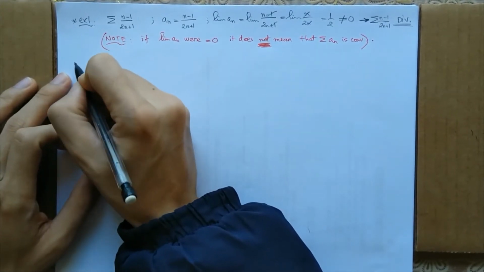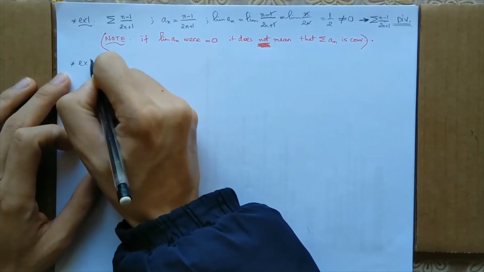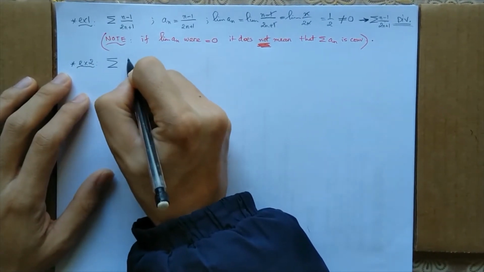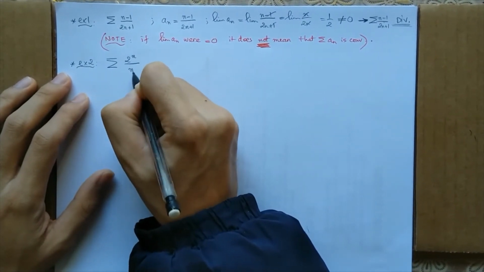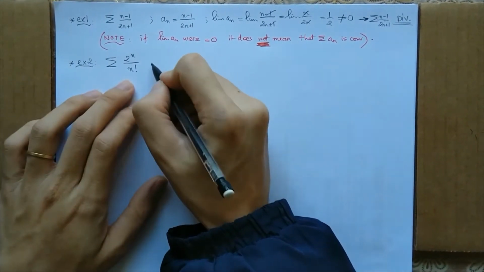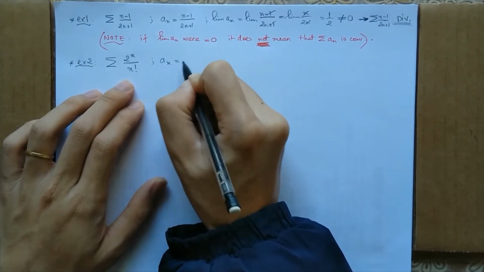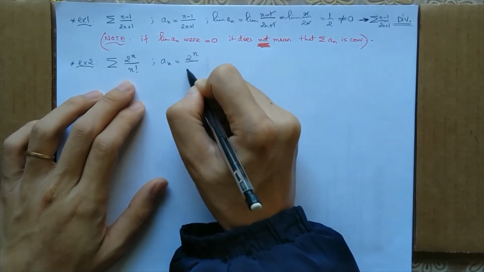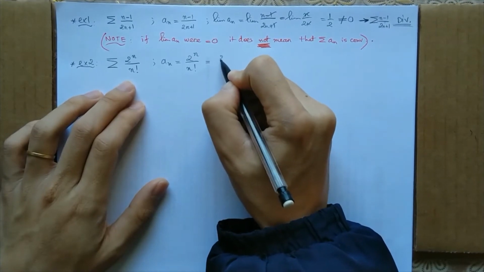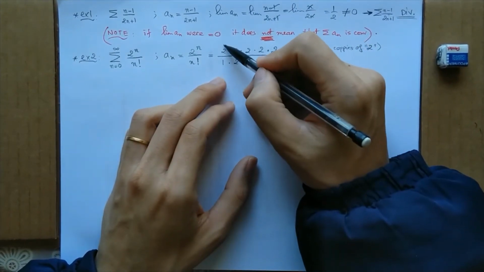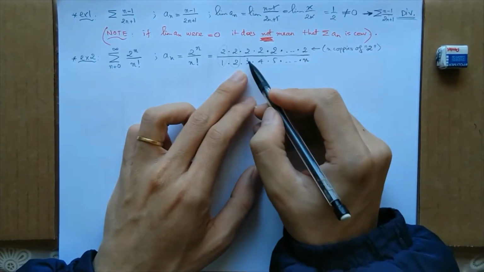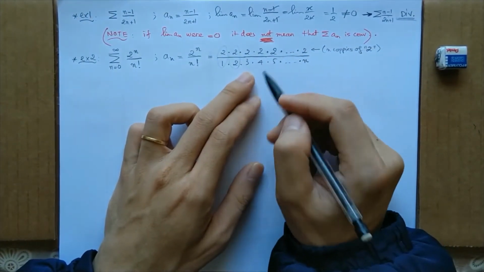So that's the first example, very simple. Now let's consider the second example. Sigma 2 to the n over n factorial, right? If you look at the general term, it's of course 2 to the n over n factorial. Except for the first one, which is going to be 2, and the second one, which is going to be 1, the later ones are always less than 1.